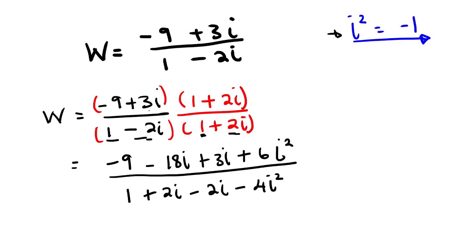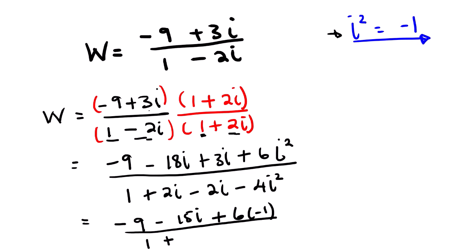Remember we said i squared is equal to negative 1. So let us go ahead and do this. Let us simplify this. Negative 18i plus 3i is negative 15i, plus we have 6 times negative 1 here. 1 plus this and this will remove each other.